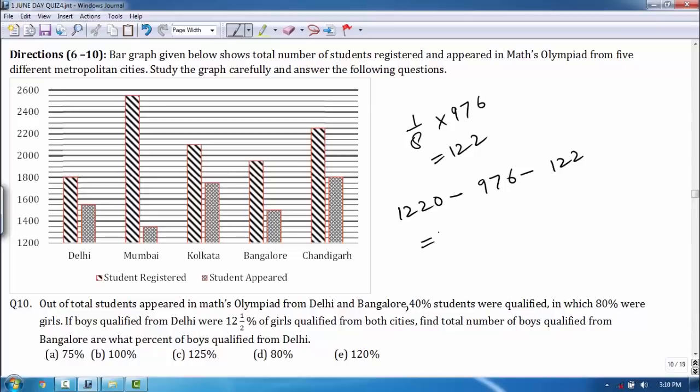So this gives us the number of boys who qualified from Bangalore as 122. So the required percentage is 122 upon 122 into 100 is equal to 100%.